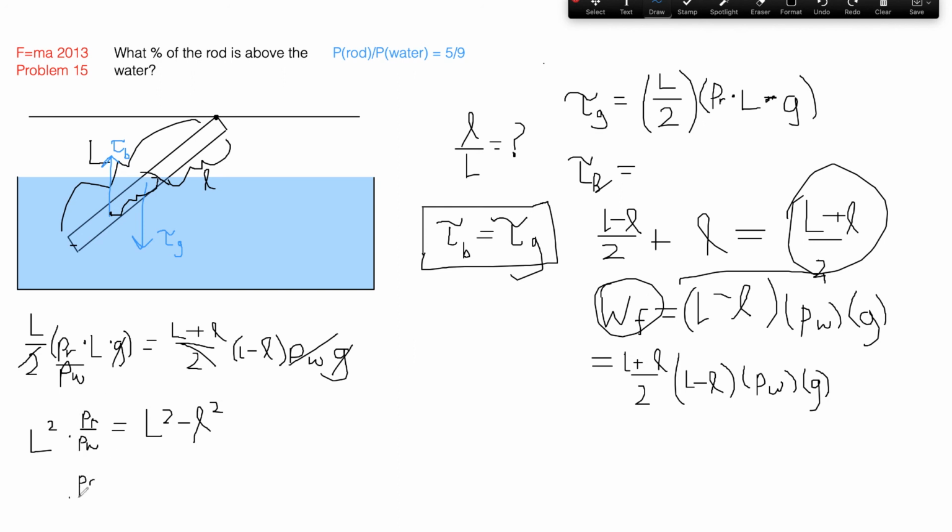So the density of the rod over the density of water equals 1 minus little l squared over big L squared. That's just what we're trying to find, squared. So I would fill this in now: 5/9 equals 1 minus A squared, where instead of saying l over L, we just say A for the answer.